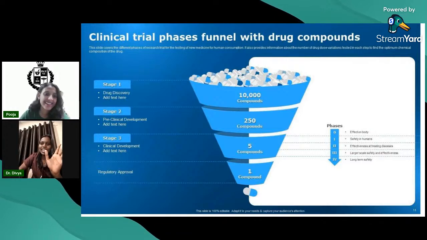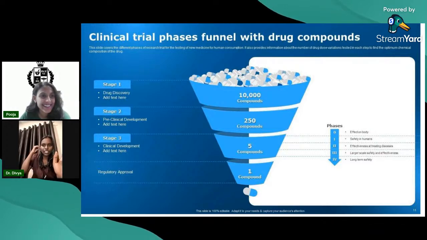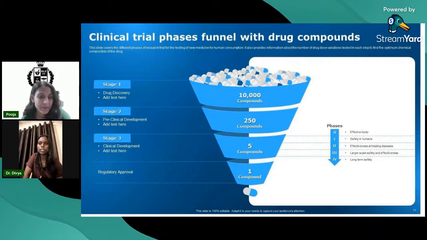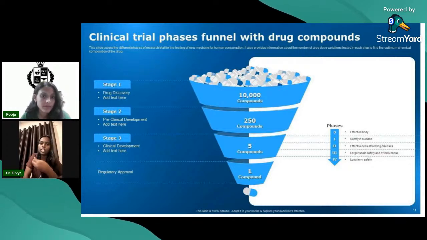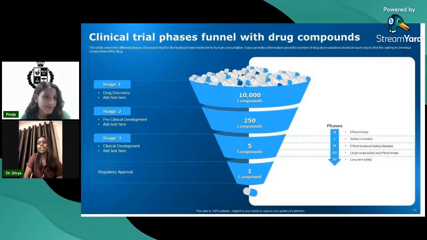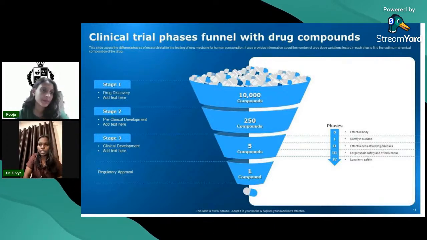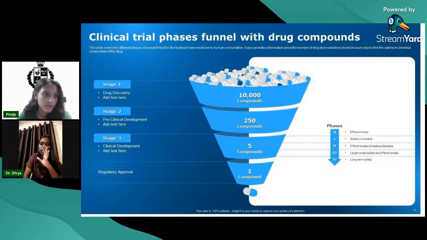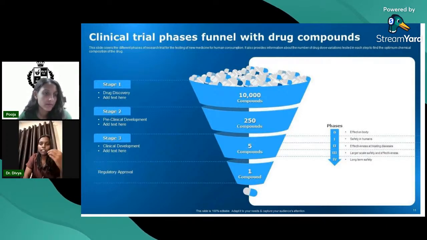Firstly, there will be a drug discovery. There can be 10,000 products which you extract from natural or synthetic sources. Out of that 10,000, hardly 200 or 300 products will be stable enough for human use, and out of those 200 to 300, only 5 or 6 will have the particular effect you're planning to use them for in a particular treatment.